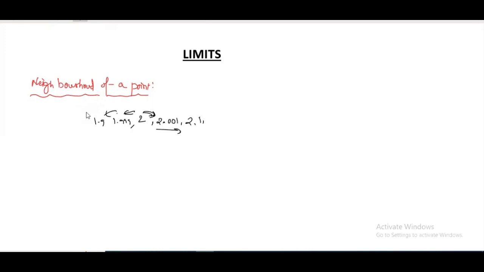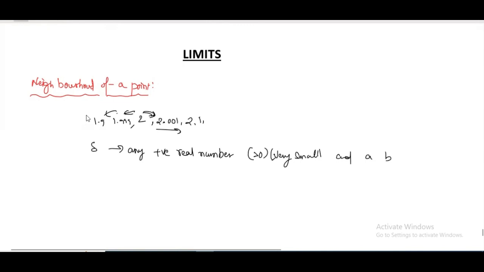So officially, as per the mathematical definition, how can we define the neighborhood of a point? Assume delta is any positive real number, greater than 0, very small, and a is any real number.